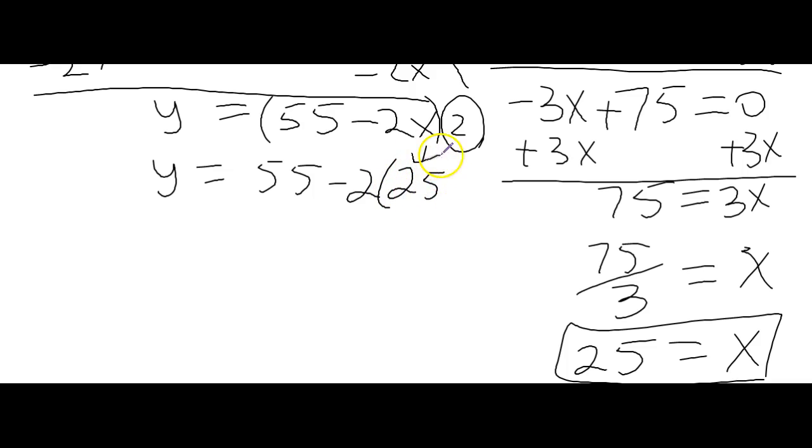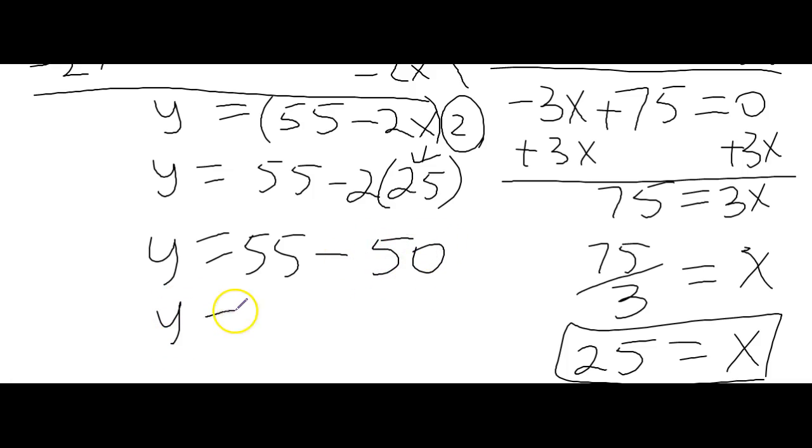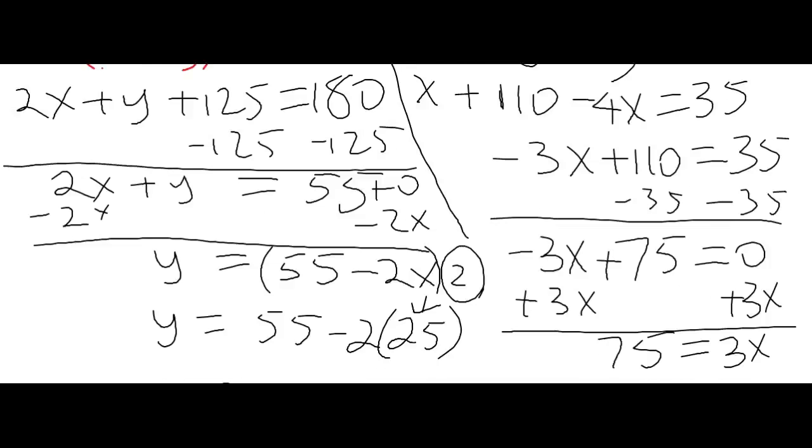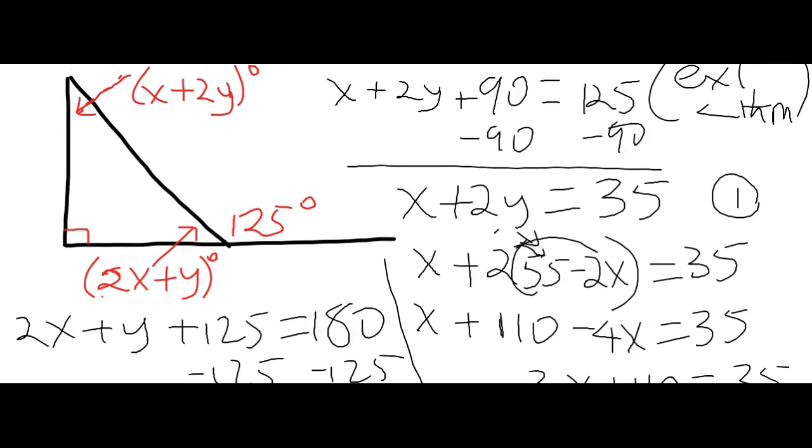Then again, make sure you follow the order of operations. Multiply before you subtract. So that's minus 25 times 2, which is 50. So y is actually 5. So we have found y and x, which we were asked to find here.